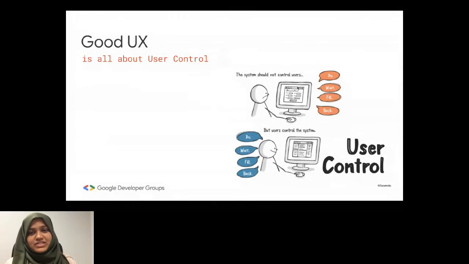In the image here you can see that when the user is controlling the system, he does something, he waits, and then he fills, and then he fills back. So as you can see, there's a flow, he's interacting, he's in control, and if he did something wrong, he can go back. So good user experience is all about control.